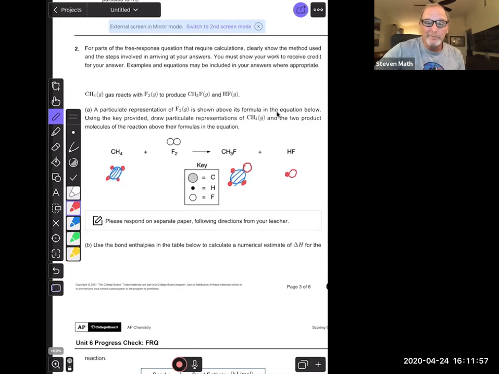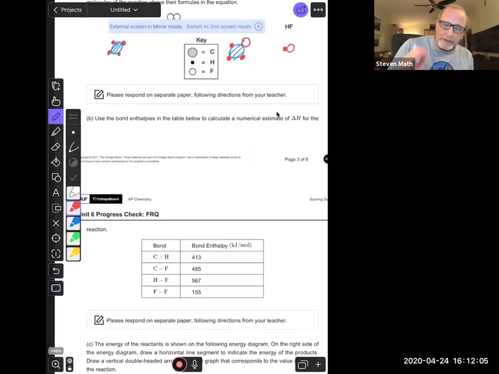I struggled with it. It's a drawing. Of course, I'm going to struggle with it. But particle level representations we've seen come up over and over again, both pictorially drawing as well as describing particle level. So that's going to be a real deal. Let's make sure we address that when we take the test.